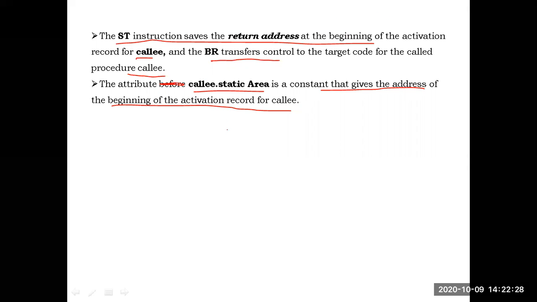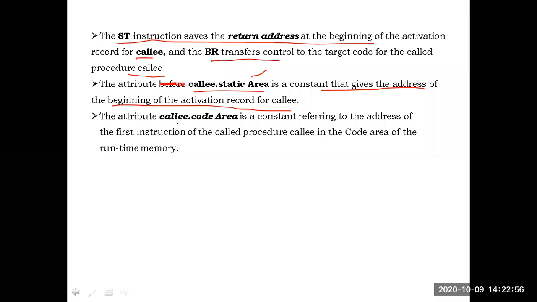How do we get the first location of my activation record? This Callee.static area is a constant that gives the address of the beginning of the activation record of Callee. This attribute Callee.static area represents the address of the first location of the activation record.